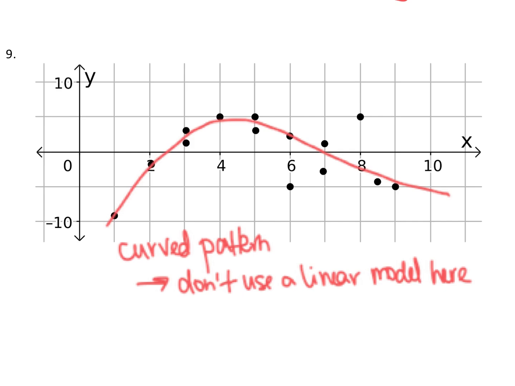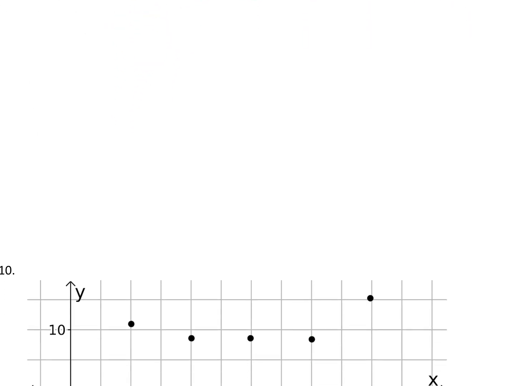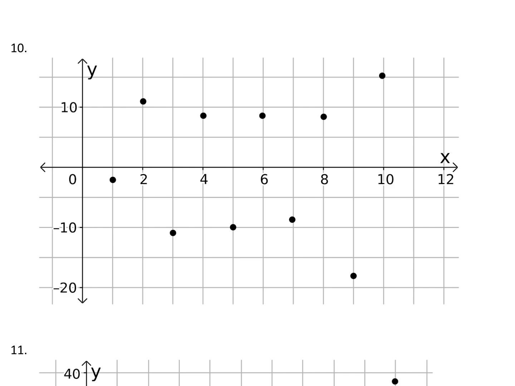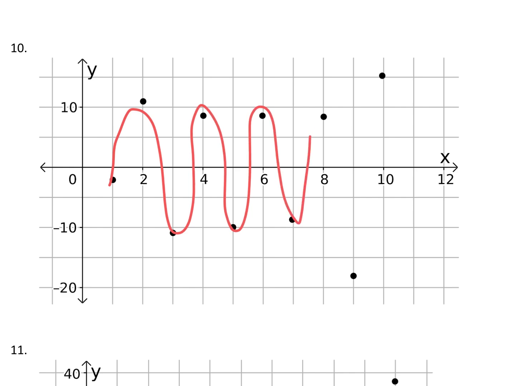All right, let's look at the residual plot for number 10. So number 10, what are we seeing here? So this one is very interesting because the residuals are alternating positive and negative. Do you see that? Positive and negative, positive, negative, positive, negative.